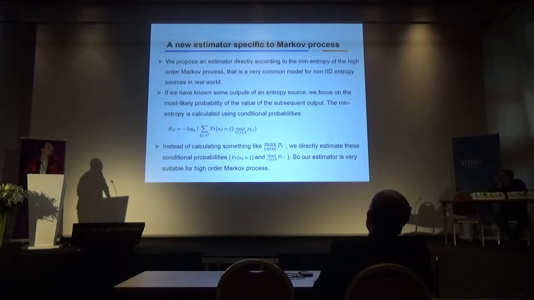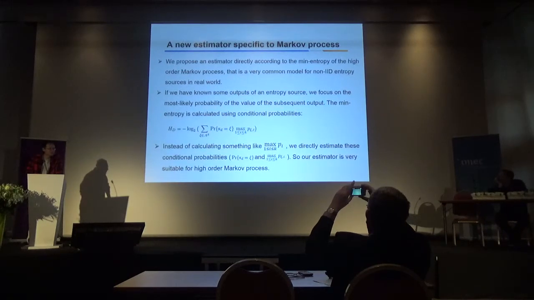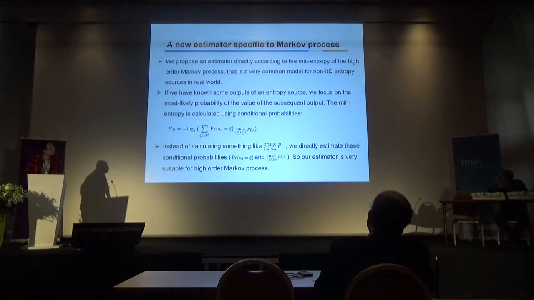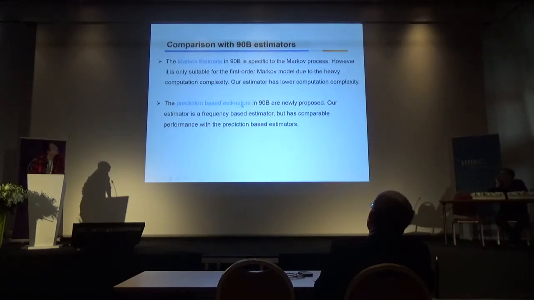To avoid this problem, we propose an estimator directly according to the mean entropy of the high-order Markov process, because this is a very common model for non-IID entropy sources in the real world. And instead of calculating something like max pi, we directly estimate these conditional probabilities. So our estimator is very suitable for high-order Markov processes.